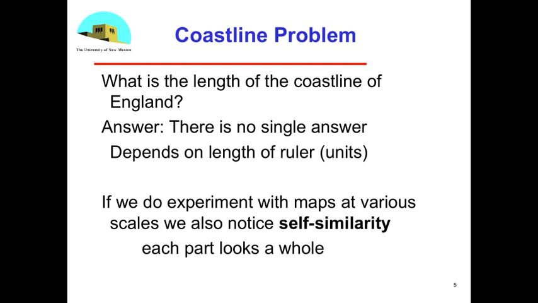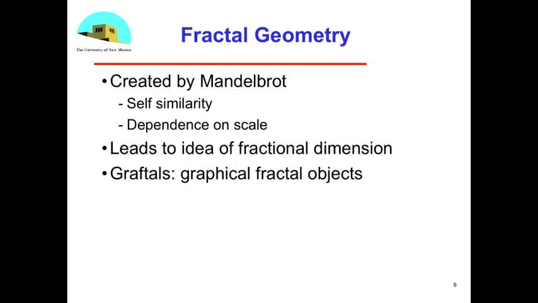So those are the two pillars of fractal geometry that was created by Mandelbrot, who was at IBM for a long time doing this work. So the two key features are the dependence on the scale, that's the length of the ruler, and self-similarity, that a part of the object looks like the whole of the object, and every time I subdivide it, I get something that looks very, very similar.